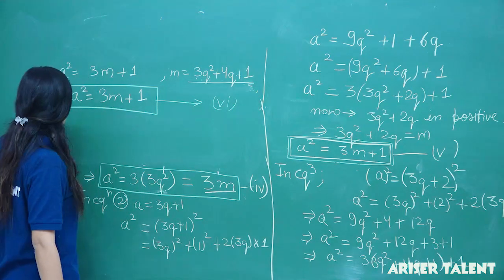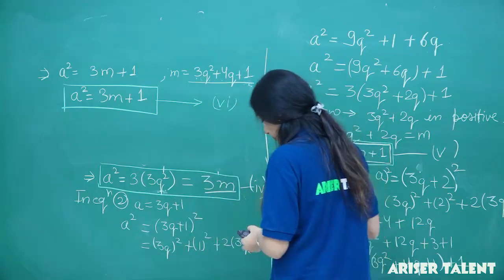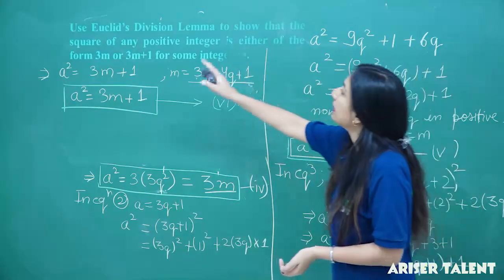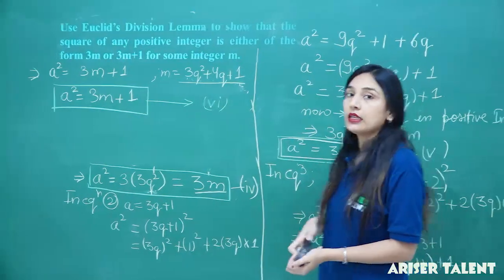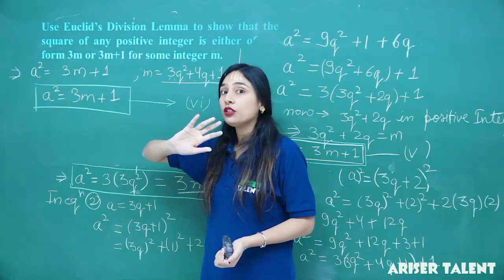And these three equations are what? Square of a. Now, what we have to prove? Use Euclid's division lemma to show that the square of any positive integer is either of the form 3m or 3m plus 1. We took a as any positive integer.